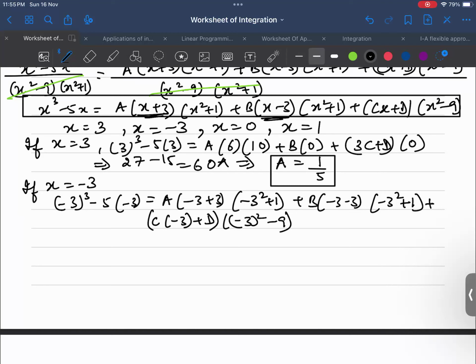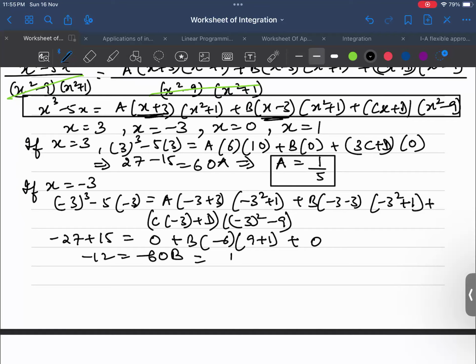Solve it. Minus 27 plus 15 is minus 12. The a term is 0, and b is minus 6 times 10, which is minus 60b. So b comes out to be 1 upon 5.